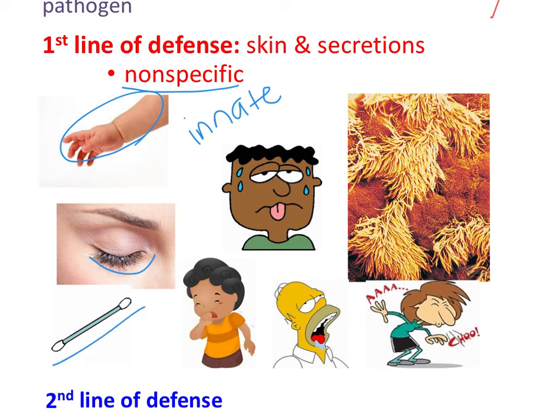You've got some earwax in your ear canal, which serves as a gooey substance to trap foreign things. Coughing, sneezing, mucus, all do the same thing. Get the pathogen out of the body, so push it physically out. Sweat can do the same.